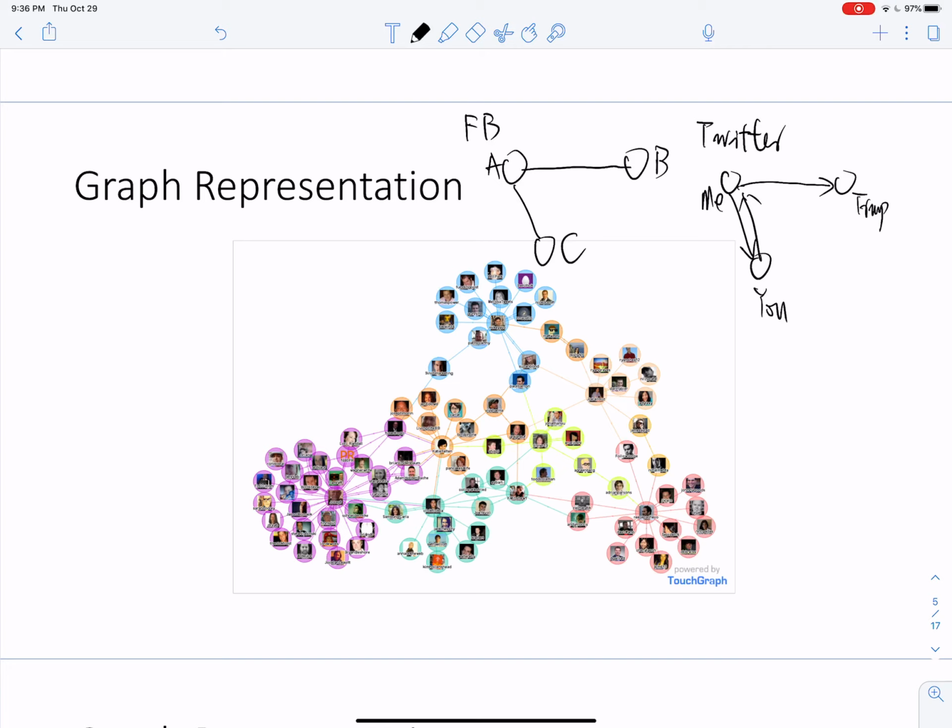But for me and the president, there is only one edge that goes from me to him, meaning that I'm following him, but he's not following me. And this is the reason why we have directed and undirected graphs. An undirected graph fits the situation where the relationship is mutual, whereas a directed graph better fits applications where the relationship is not mutual.